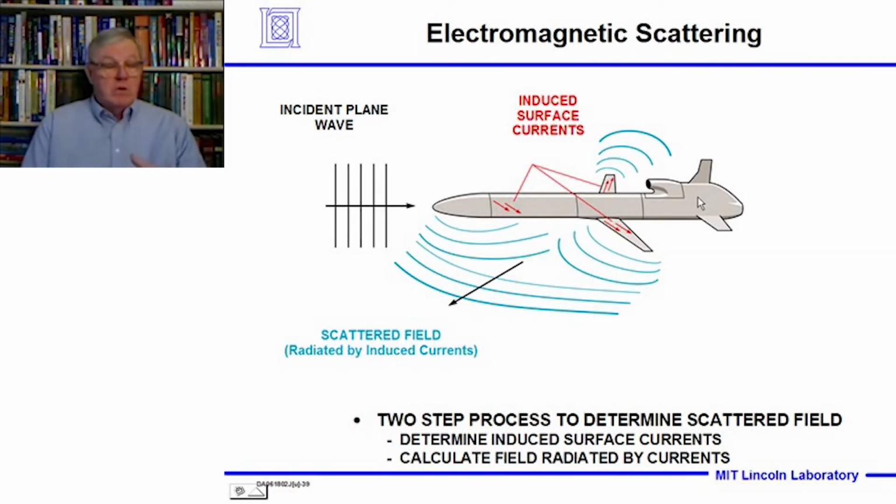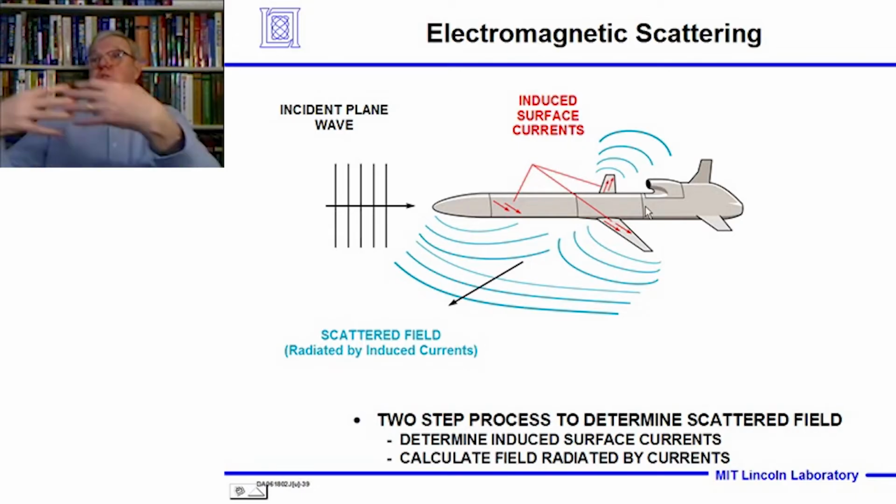And whenever you have currents changing with time, you generate electromagnetic waves. That's what Maxwell's equations tell us. It's like you either have a current or an accelerating charge that changes with time, and you generate an electromagnetic wave. Well, when you induce currents on the surface of this object, you're going to generate electromagnetic waves, and they are the scattered energy that you see.